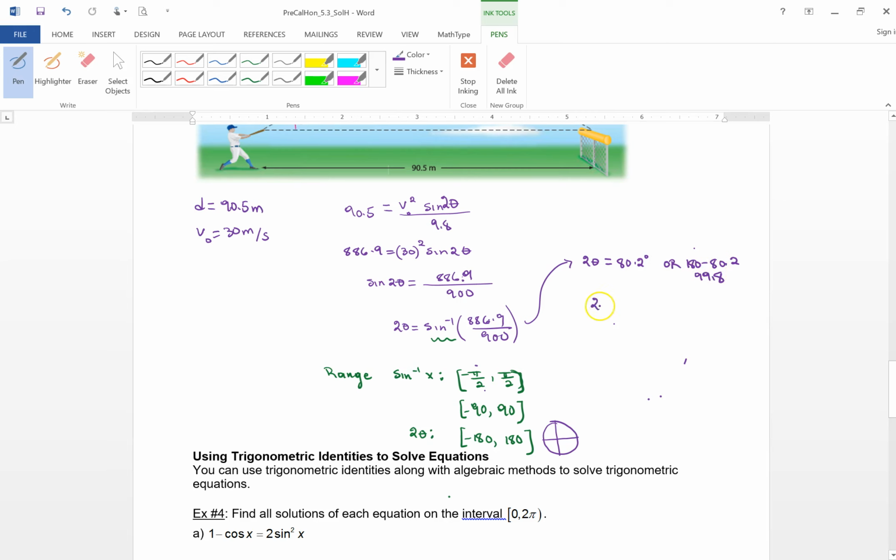So 2 theta is 80.2 or 99.8. And theta is this divided by 2, 40.1 or 49.9. So my interval is from 40.1 to 49.9.